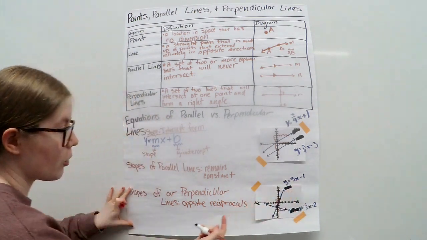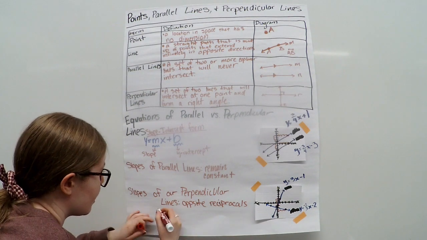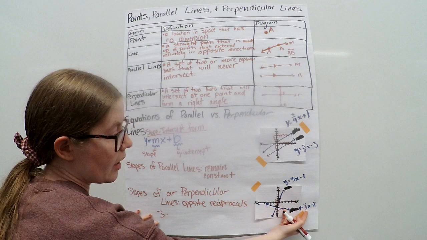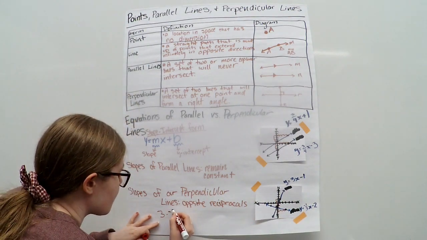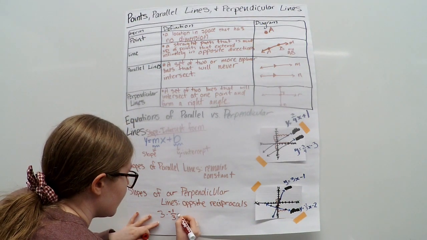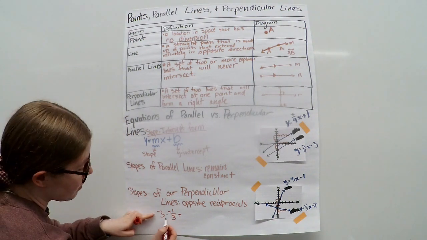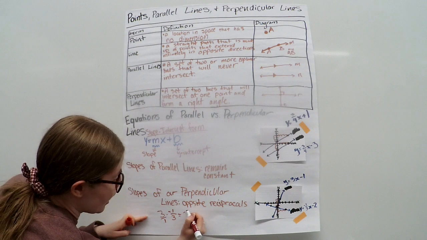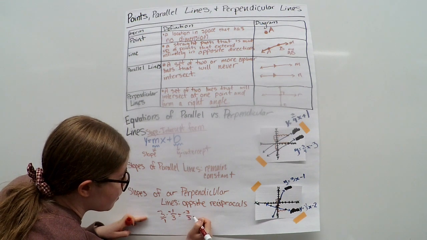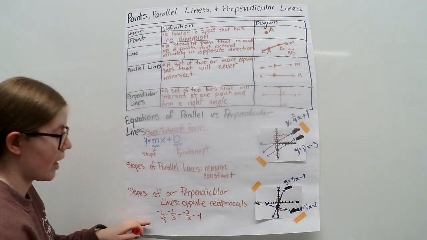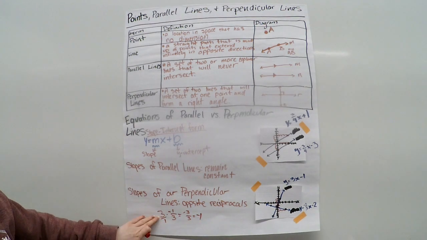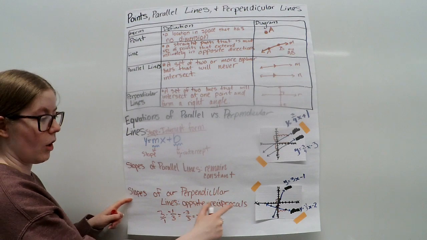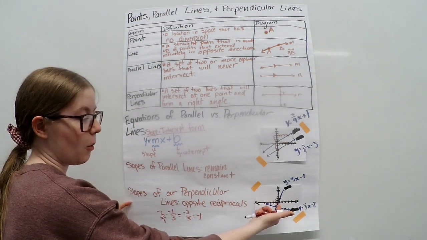The slope of our first line was 3, and the slope of our second line was -1/3. When we multiply 3 times -1/3, we get -3/3, which simplifies to -1. And when our two slopes can be multiplied together to get -1, we know that these lines are going to intersect at a point and form a right angle.